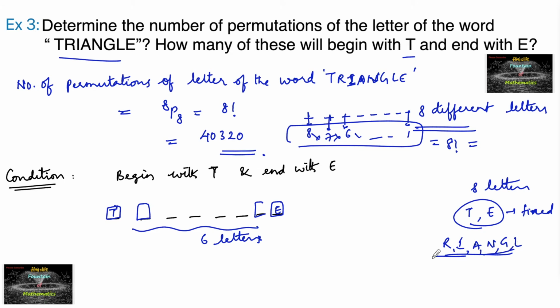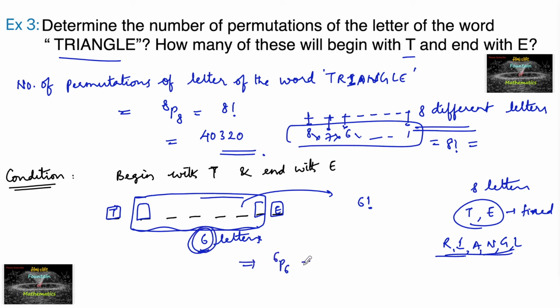These 6 letters can be arranged in these 6 boxes in different ways. That's nothing but 6 factorial ways. Or by using the formula, the number of permutations of 6 different things taken 6 at a time is 6P6, which is equal to 6 factorial. The 6 factorial value is 720. So this is the answer for the second case, begin with T and end with E.